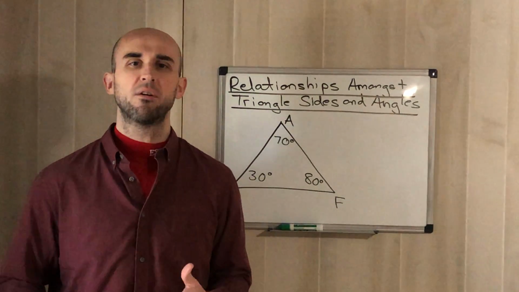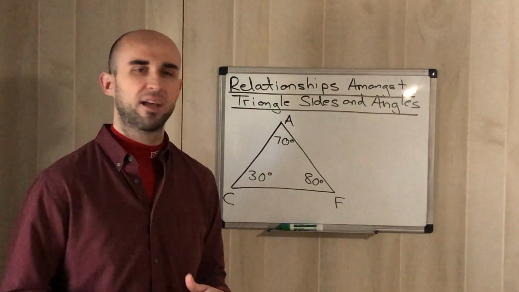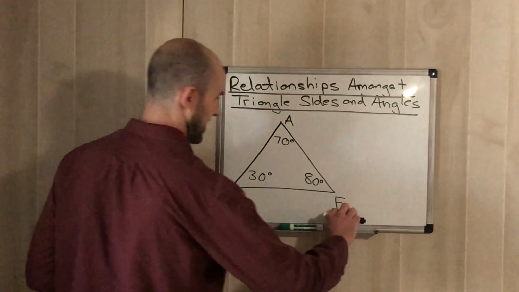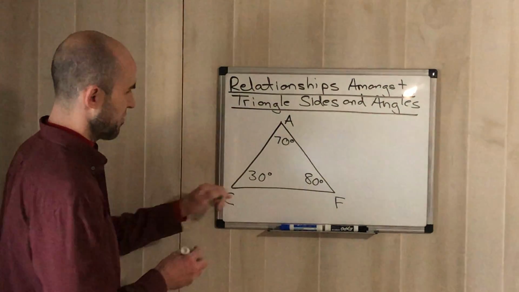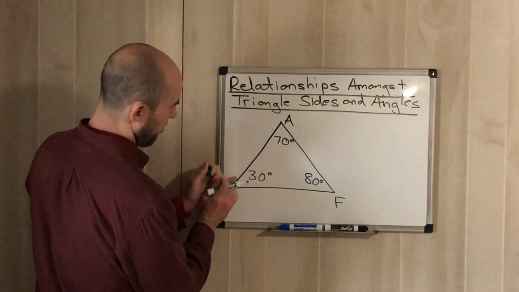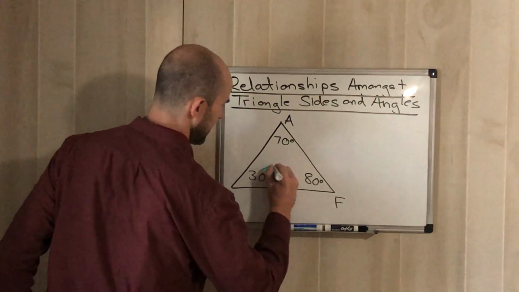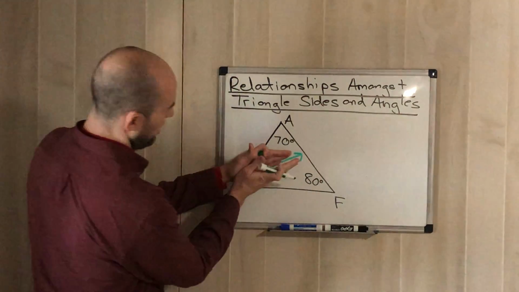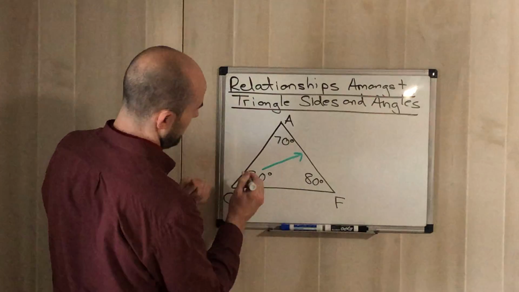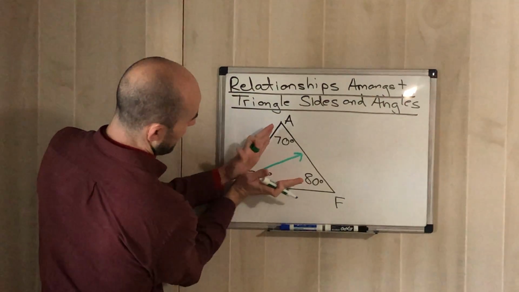But what we also know is that an angle creates a side, right? Let's say we're looking at this 30. This angle is opening up to the opposite side, right there. Going across that angle is what's creating this side.